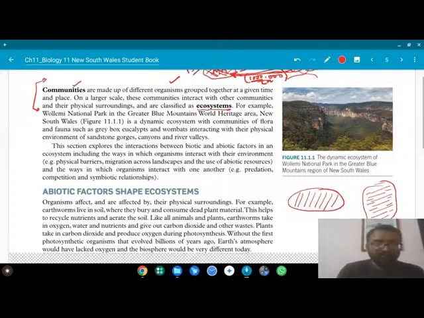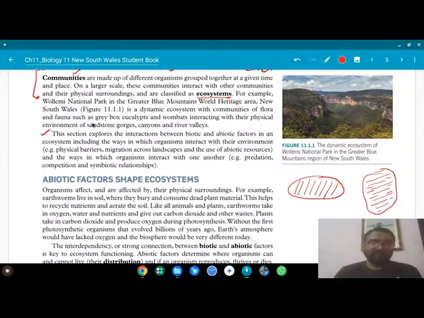Okay. So you can see this section explores the interaction between biotic and abiotic factors in an ecosystem, including the way in which organisms interact with their environment, physical barriers, migration across the landscapes, and use of abiotic resources, and the way in which organisms interact with one another. So, for example, predation, competition and symbiotic relationships.